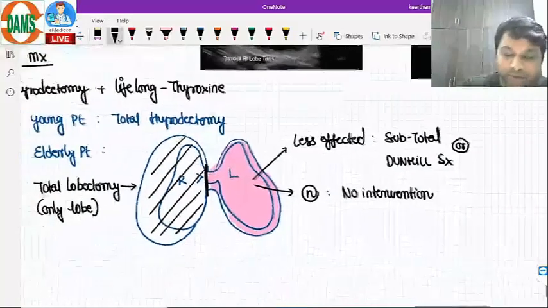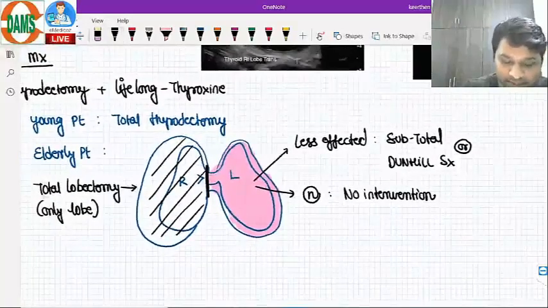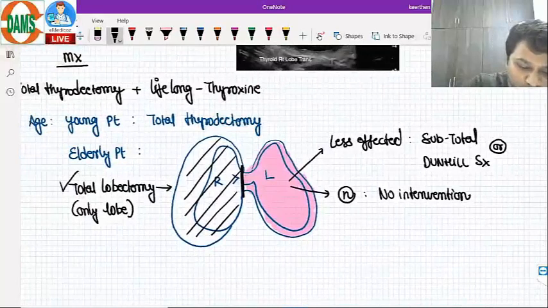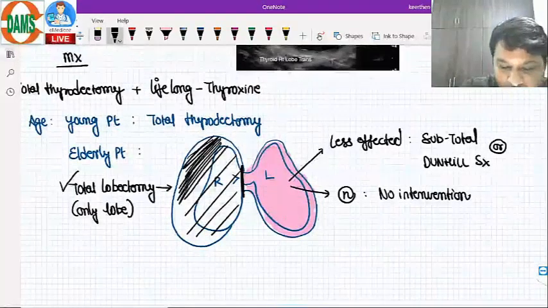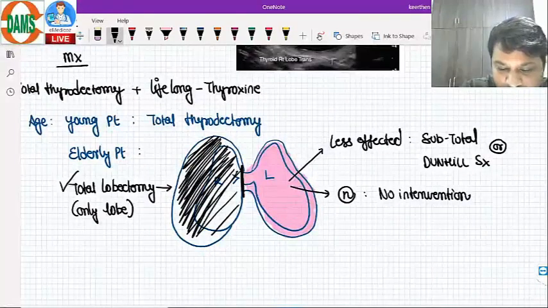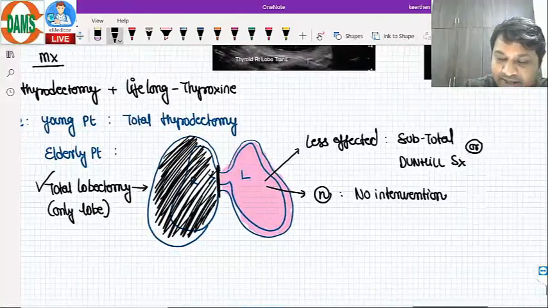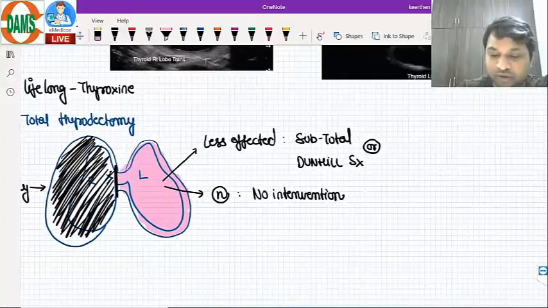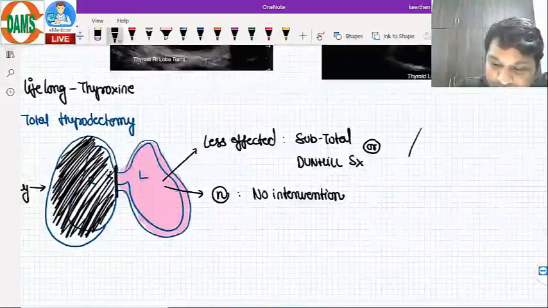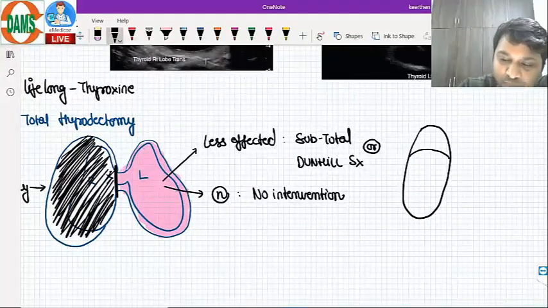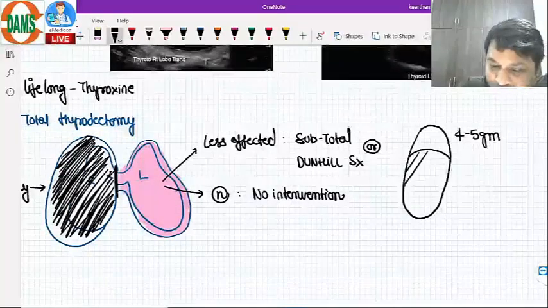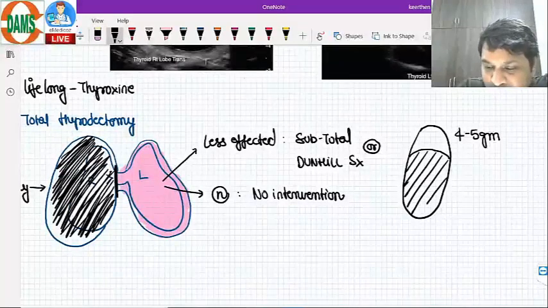But don't get confused. We'll talk about thyroid surgeries in detail. When we say total lobectomy, only the lobe is removed. We are not going to remove the isthmus, right? When I say subtotal lobectomy, if this is the lobe, on the superior or the inferior pole, you are going to leave 4 to 5 grams of tissue, and the rest of the gland is going to be removed.